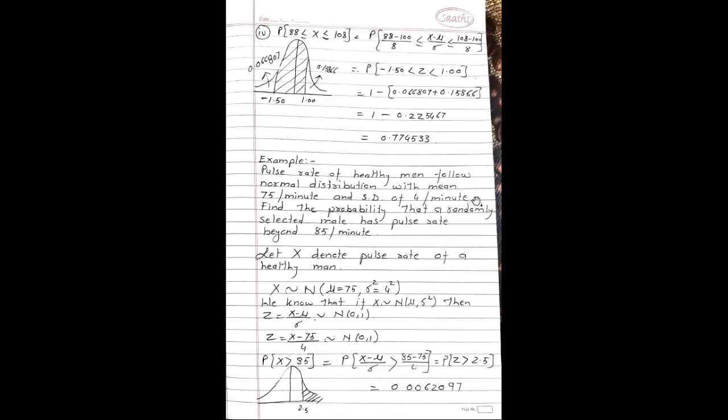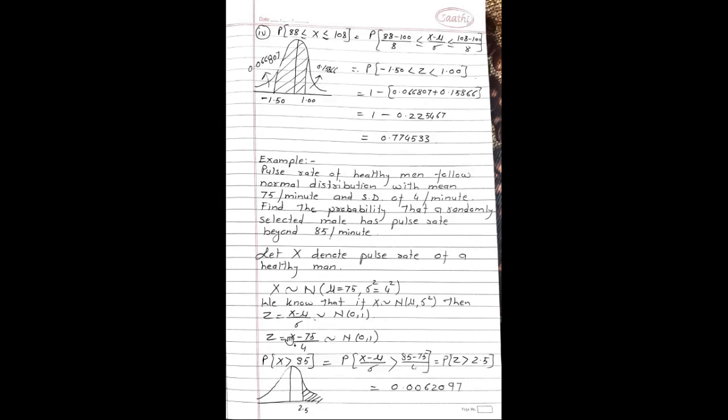4 per minute. Find the probability that a randomly selected male has a pulse rate beyond 85 per minute. So let X denote the pulse rate of a healthy man. X will follow normal distribution with mean 75 and sigma square equal to 4 square. We know that if X follows normal with mu, sigma square, then Z is equal to X minus mu upon sigma and follows normal 0, 1.